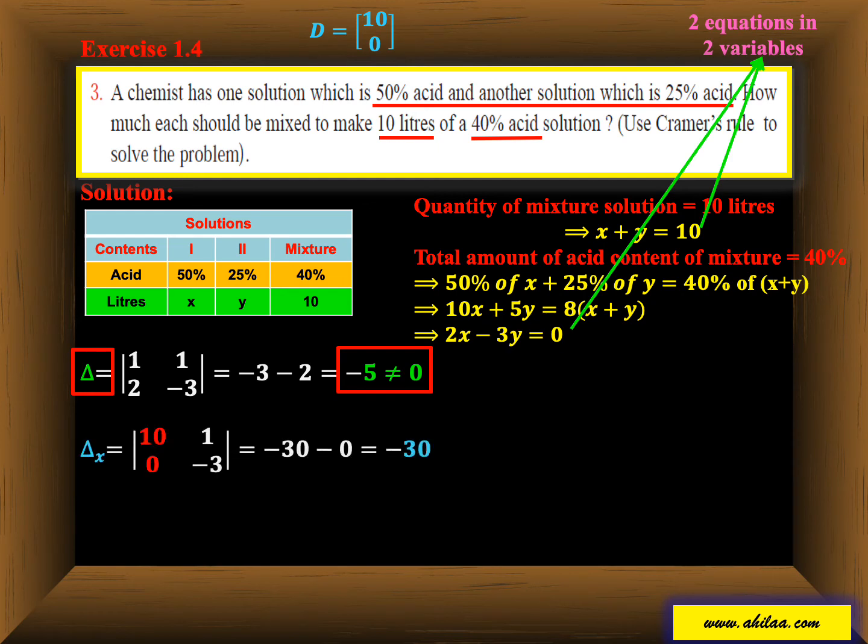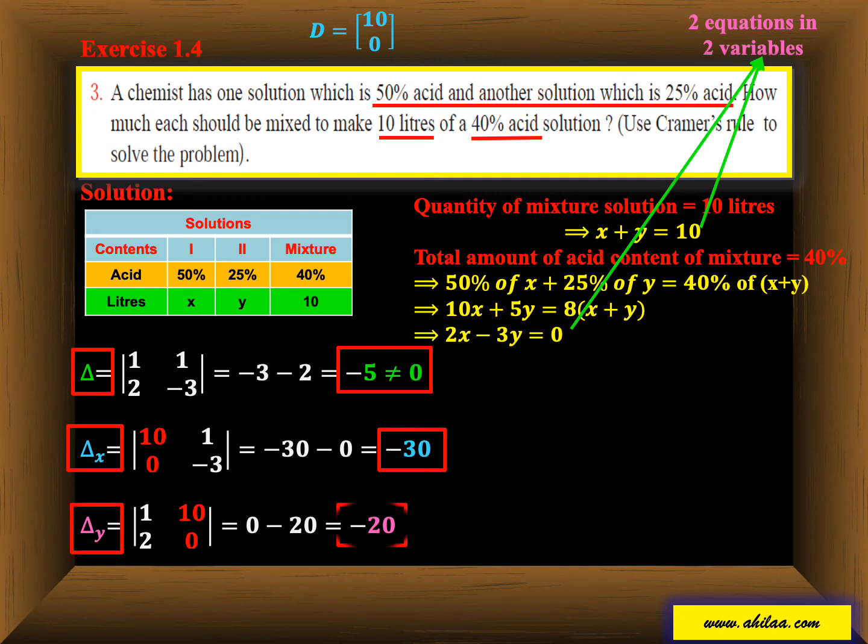Now find delta x. We need to replace the first column by D. So delta x we get is minus 30. Similarly, find delta y by replacing the second column by D. Here we get delta y equal to minus 20. Now go for finding the solution. x equal to delta x by delta, which is minus 30 by minus 5, that is 6.